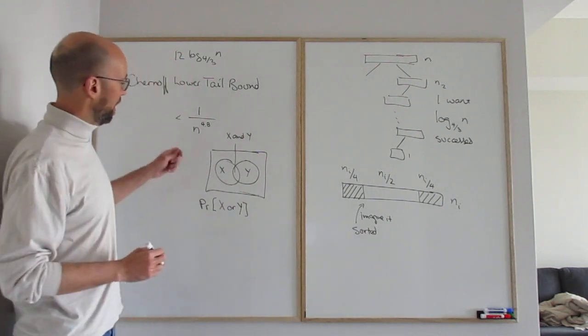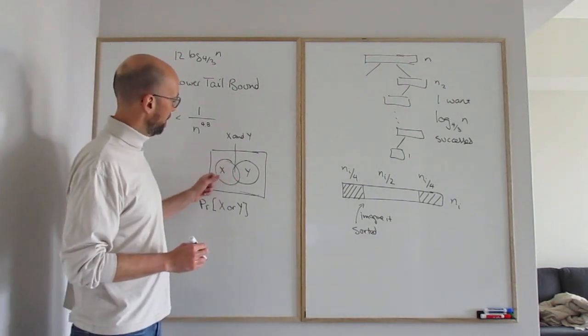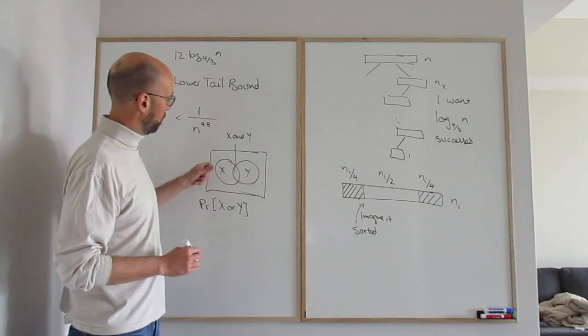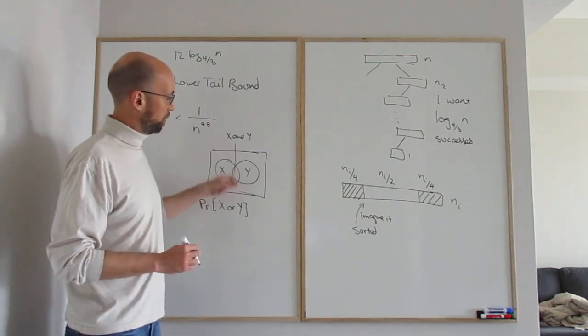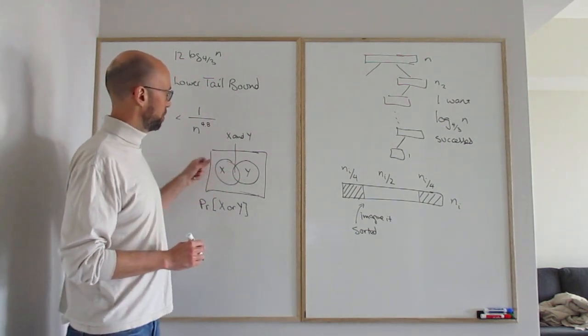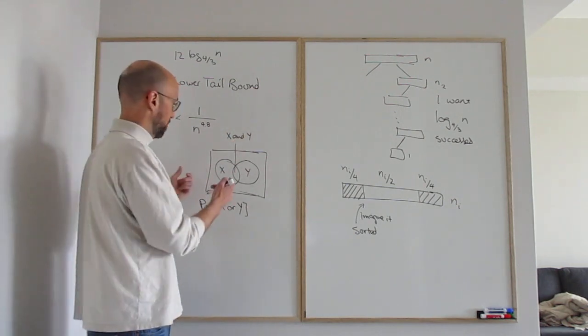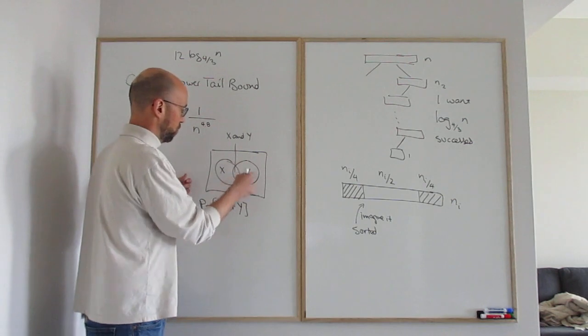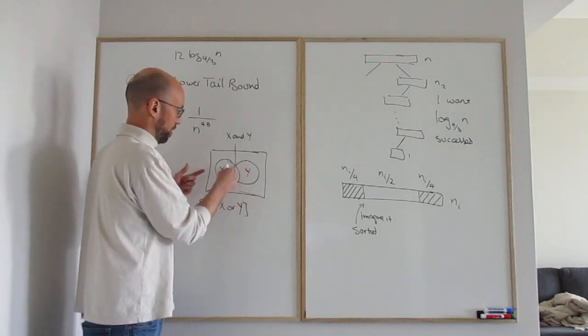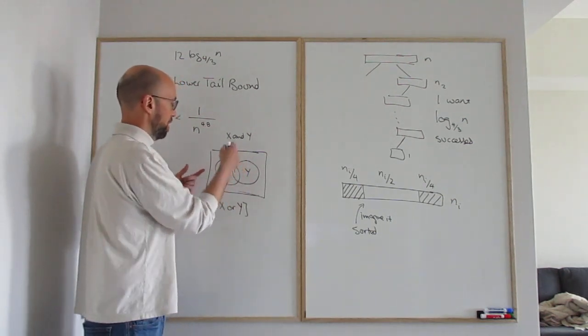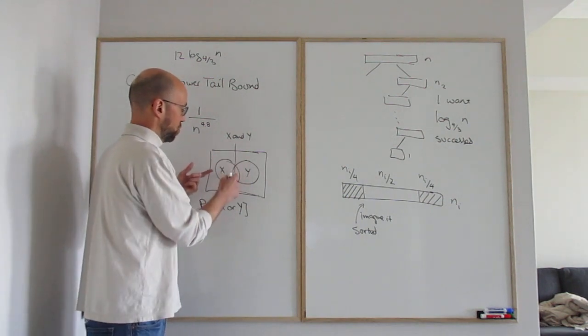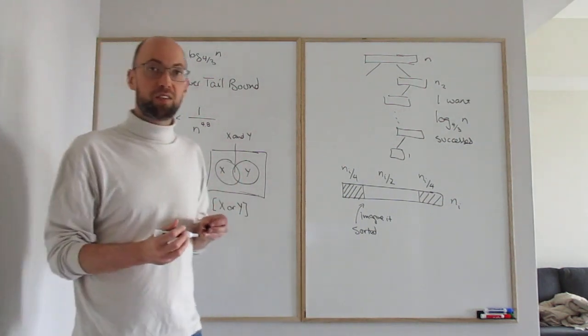Well, notice that the probability of X or Y is the probability of X plus the probability of Y minus the probability of X and Y. Right? Looking at this diagram. What's the area of these two circles? It's the area of X, the area of Y added, and then subtract the area of the intersection.